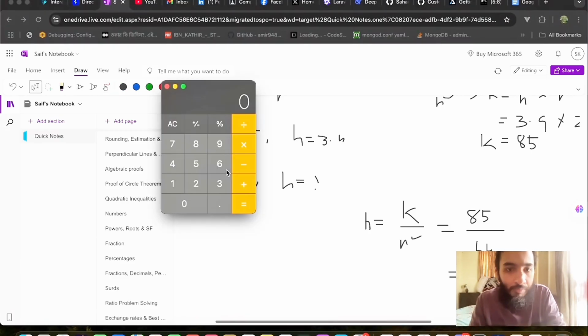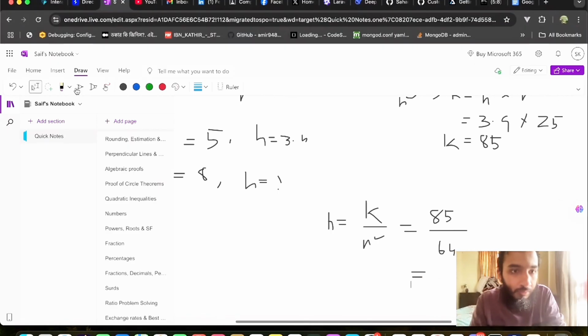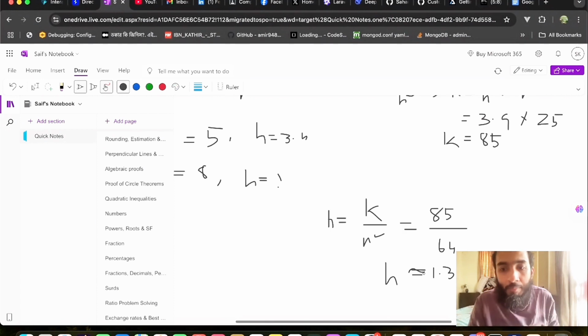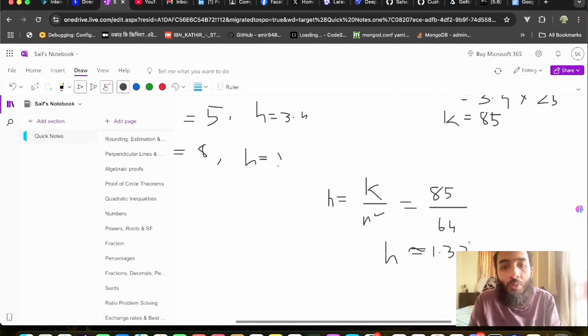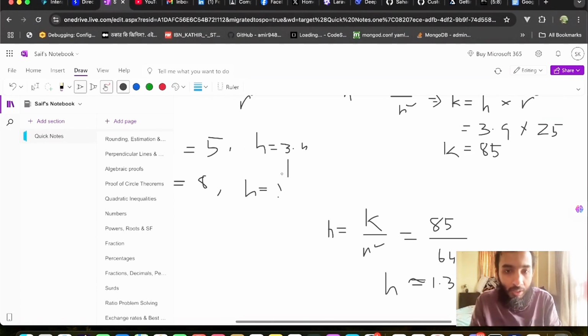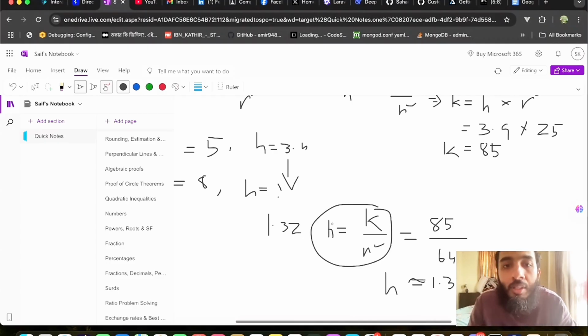Using the calculator again, 85 divided by 64 is approximately 1.33. So the value of h will come down from 3.4 to approximately 1.33 based on the inverse proportion with the square of r.